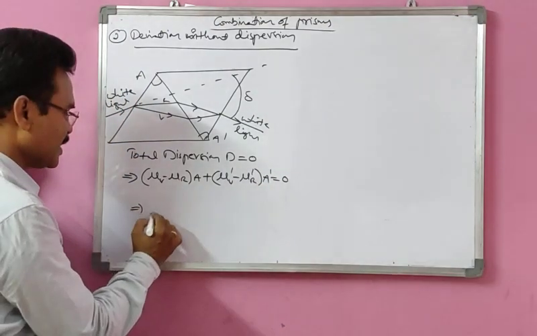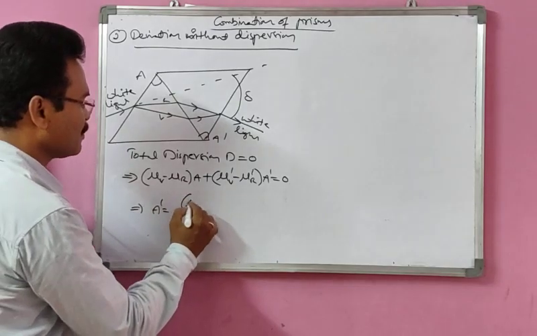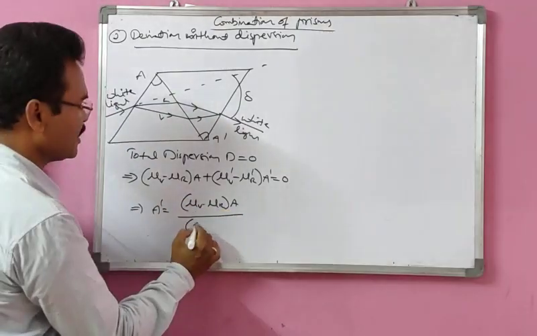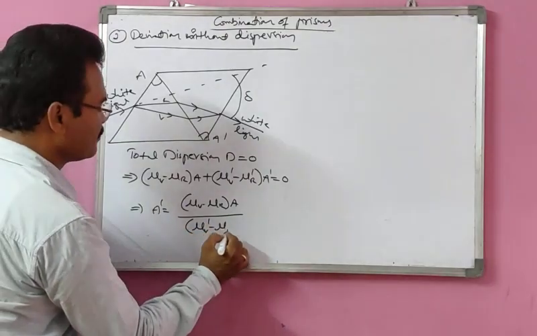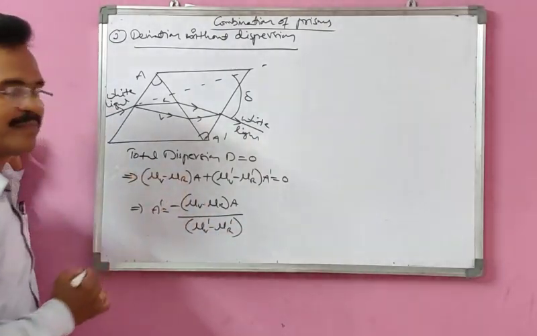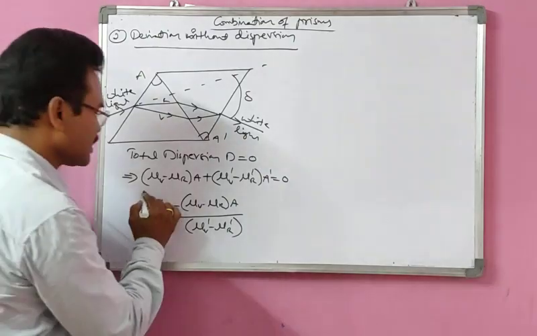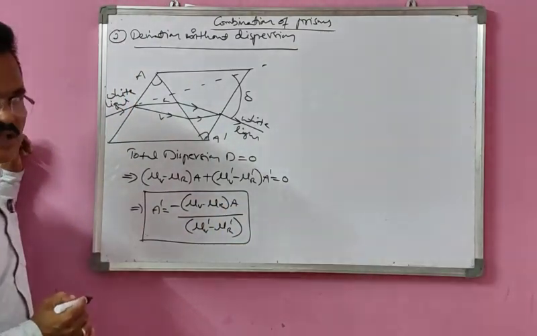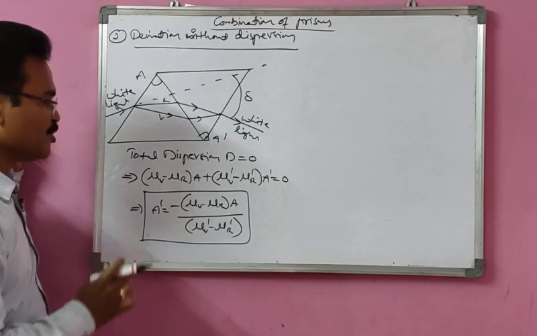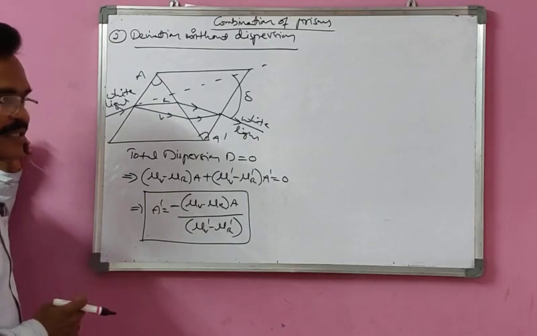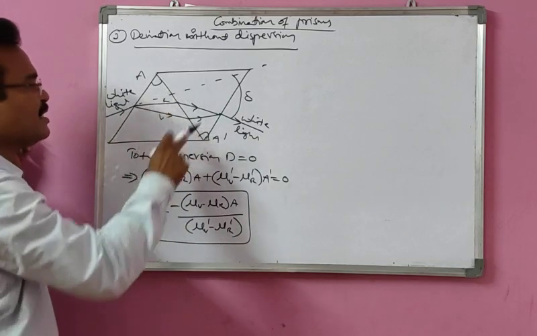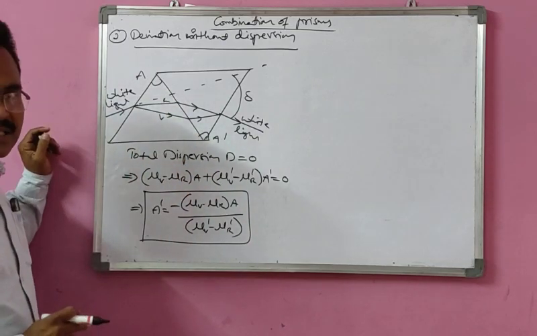Writing for A dash, you get mu v minus mu r of A divided by mu v dash minus mu r dash, with a minus sign. This is the condition for dispersion to be 0. If the dispersion is to be 0, A dash must be like this. The negative sign indicates again the same reason: the angles must be opposite to each other.